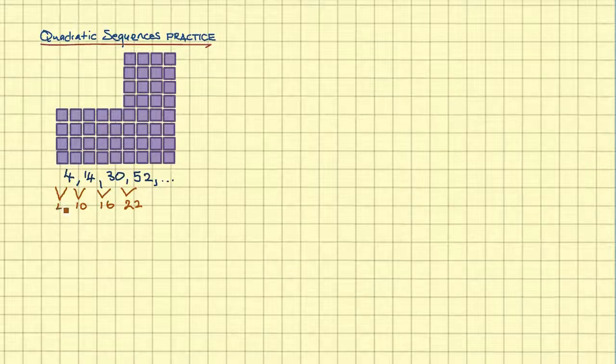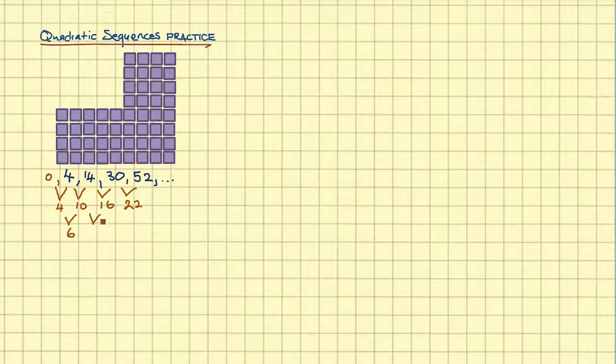And so if I subtract 6 from 10, I'm going to get 4 as this value here between the 4 and 0 as my 0 term. Okay, because 4 subtract 4 is going to give me 0. So that's good, that's got my 0 term sorted out.